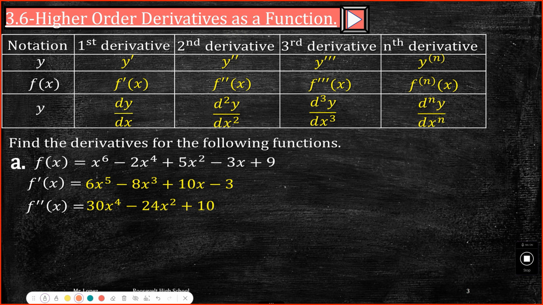Right here in the front, Jacob. 120x cubed minus 48x. Now the fourth derivative. 360x squared minus 48.